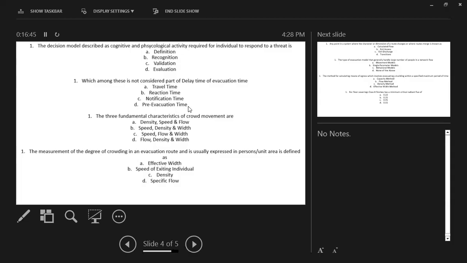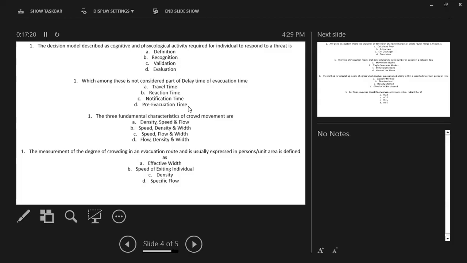The measurement of the degree of crowding in an evacuation route, usually expressed in persons per unit area, is defined as... In the formula, we had flow is equal to speed into width into density, right?